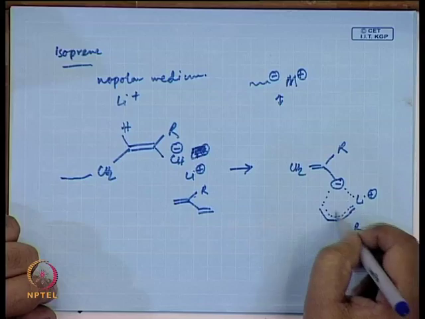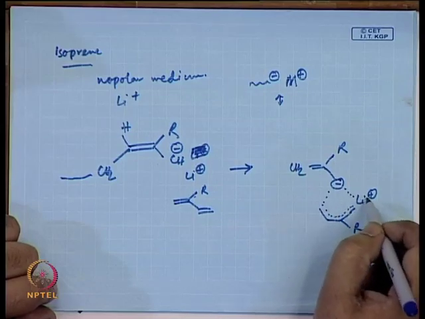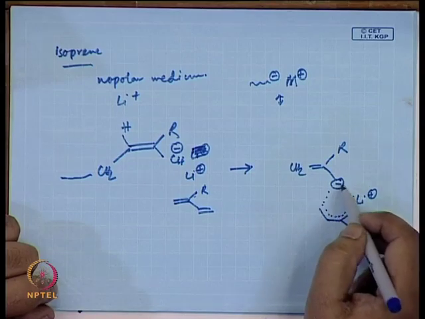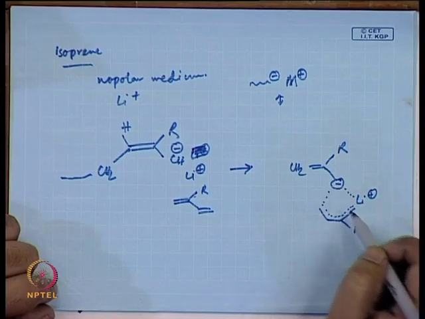So, there will be an interaction between this positive counter ion and the negative propagating chain end and the new incoming monomer.